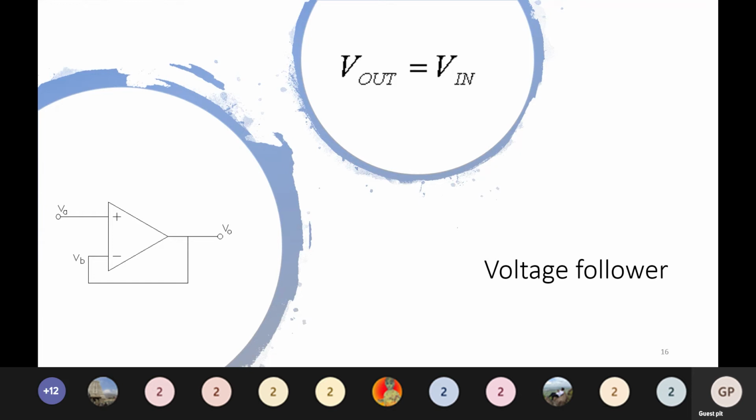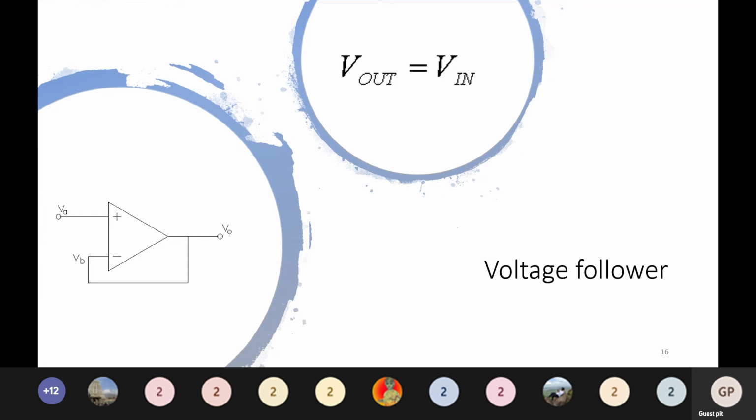This voltage follower is just a modification of our non-inverting amplifier, and therefore you can see it here. Non-inverting amplifier will give input through the non-inverting terminal, is it not? We will not have any feedback resistance or input resistance here, and you have a short between the output and the input. You have a direct feedback from output to input. So this is what we call a voltage follower.